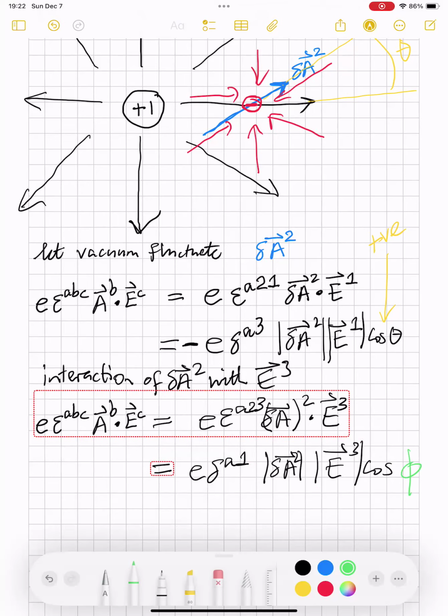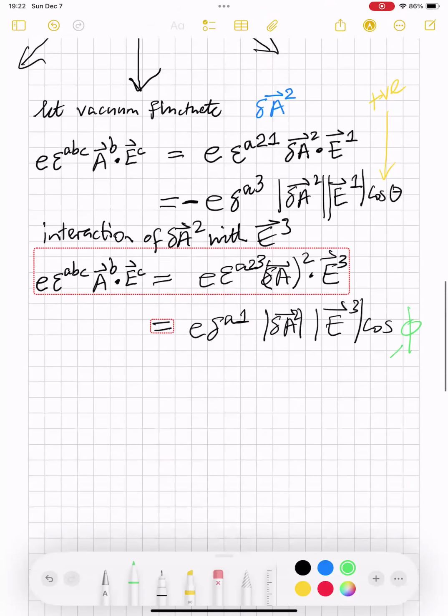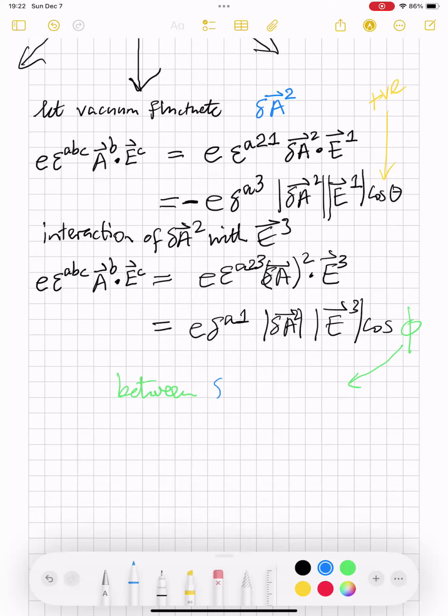And this expression, whether it's positive or negative, depends on the angle phi. And just so that we don't forget this, it is the angle between delta A2 and E3.